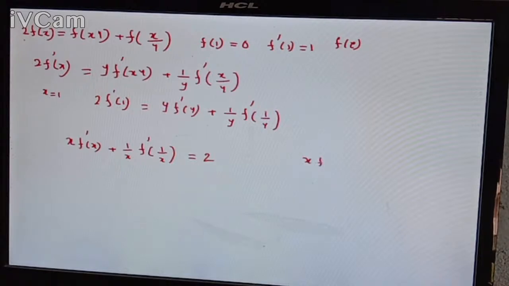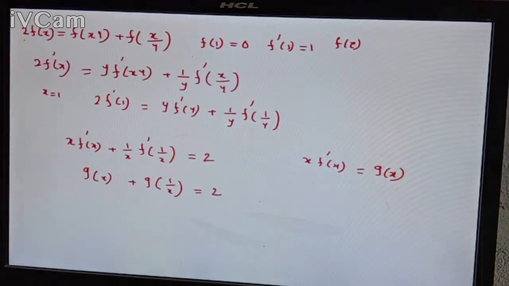Suppose this x f dash x equals g of x, then we will get g of x plus g of 1 by x, it's a constant. Now if g of x plus g of 1 by x is a constant, then definitely g of x must be a constant c.